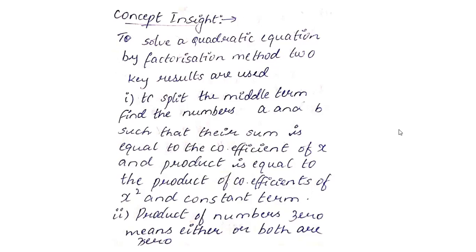To split the middle term, find the numbers a and b such that their sum is equal to the coefficient of x and the product is equal to the product of the coefficient of x square and the constant term. The product of the numbers is 0 means either or both are 0. So these are the steps involved in solving a quadratic equation using the method of factorization.